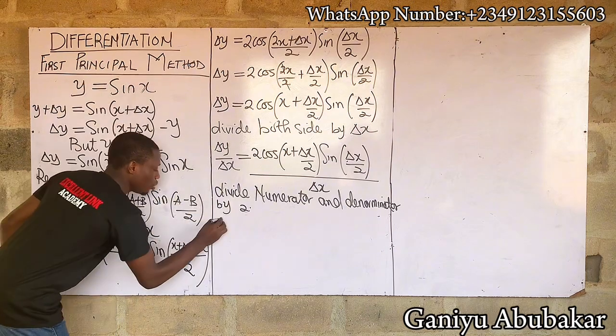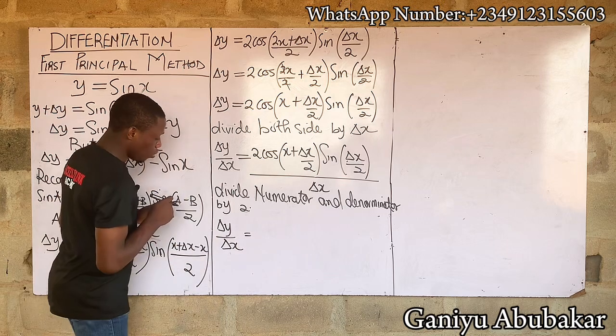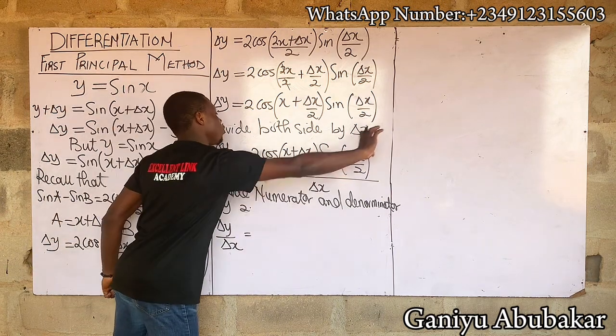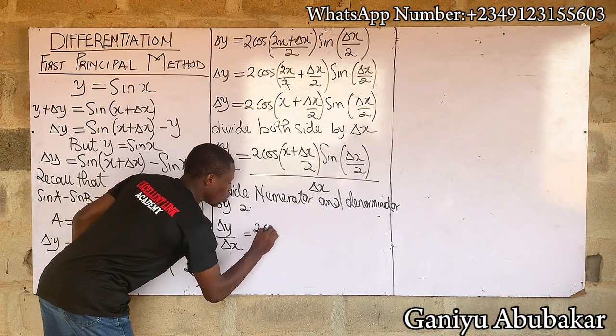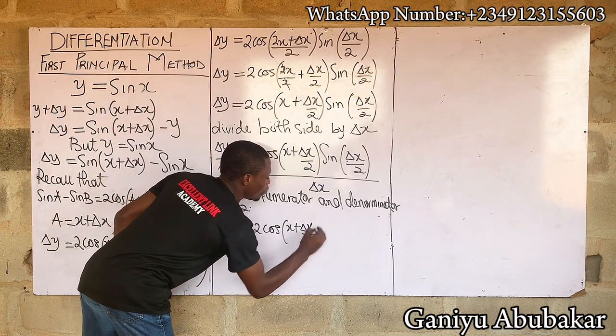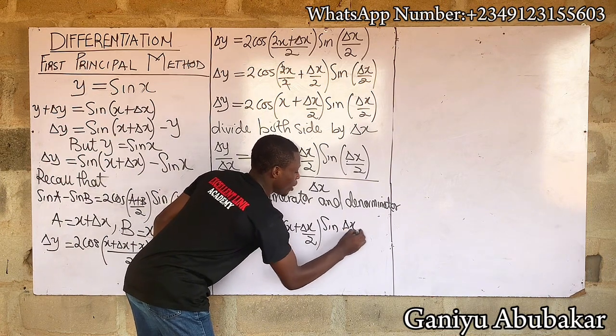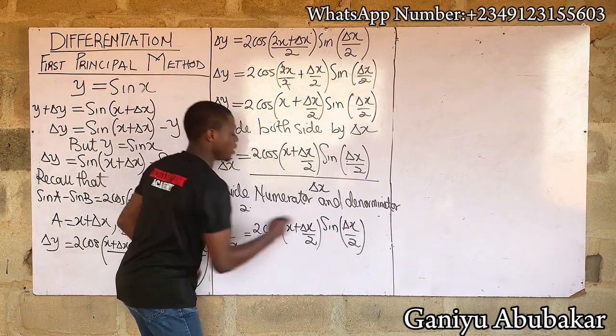So I have change in y over change in x equal to the numerator first, that's 2 cos of (x plus change in x over 2) times sine of (change in x over 2). Everything here is just my numerator.